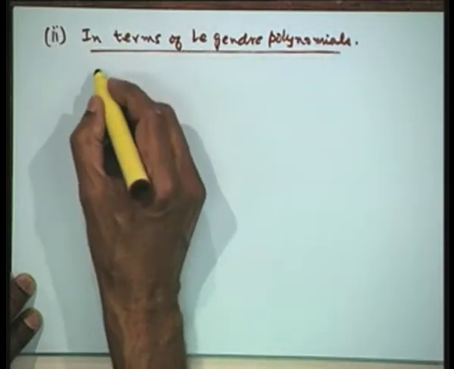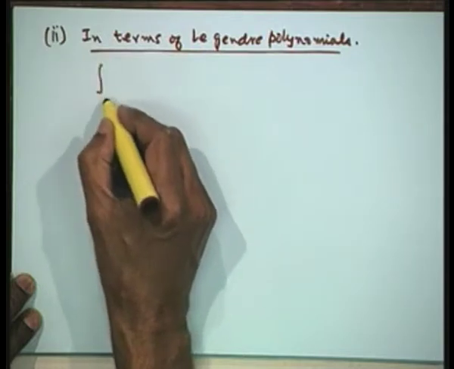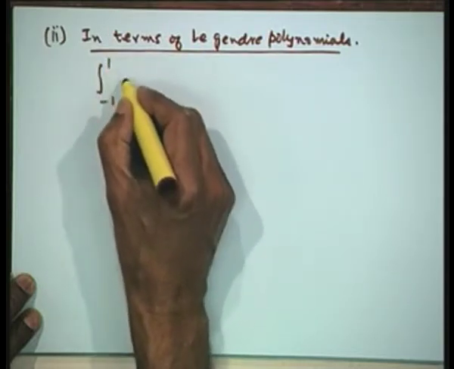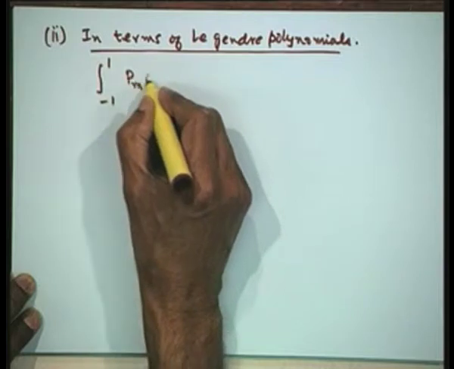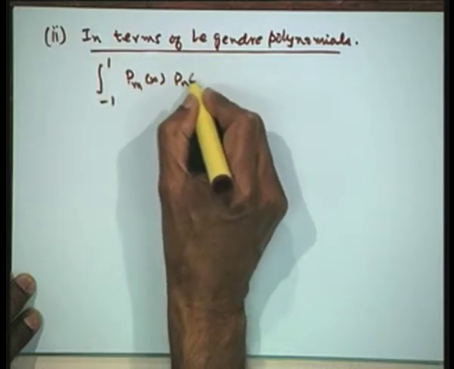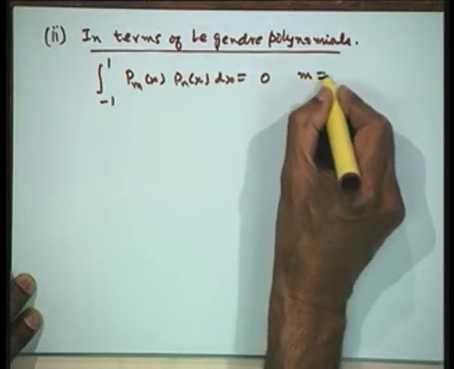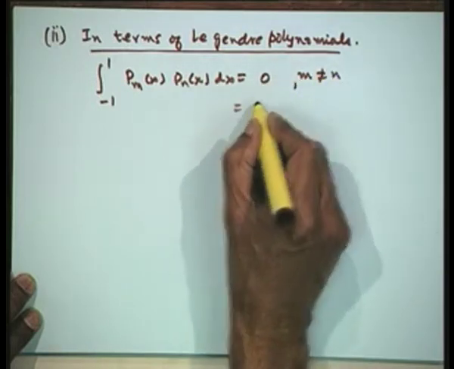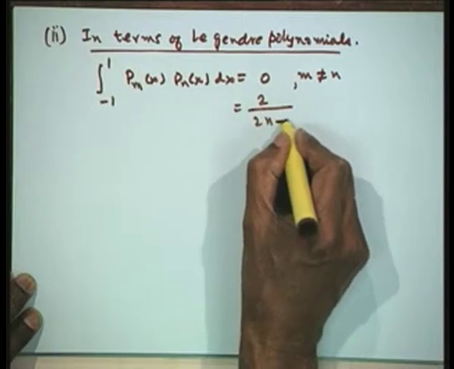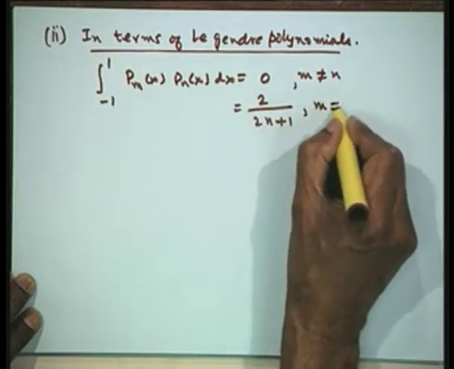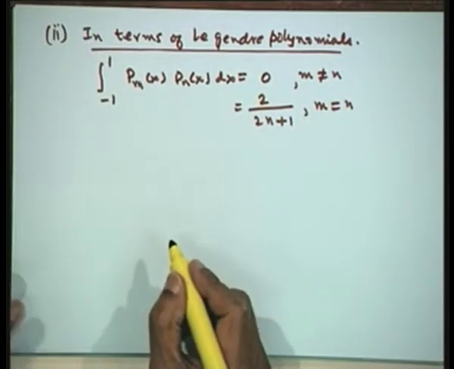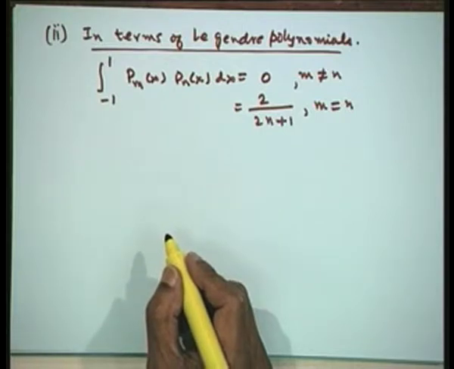Let us remember the orthogonal property of Legendre polynomials: the integral from minus 1 to 1 of p_m(x) p_n(x) dx is equal to 0 for m not equal to n, and 2 upon 2n plus 1 for m equal to n. So, this is the orthogonal property of the Legendre polynomials.